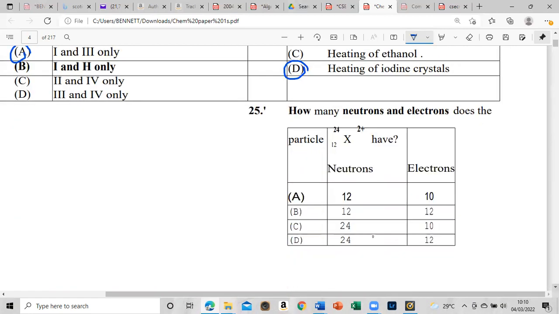Let's move on to 25. How many neutrons and electrons does the particle have? And that's 12 neutrons and 10 electrons.